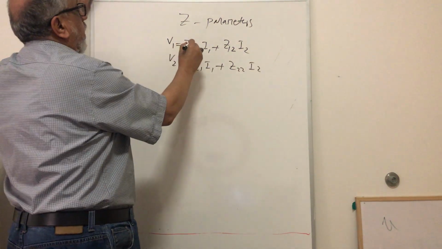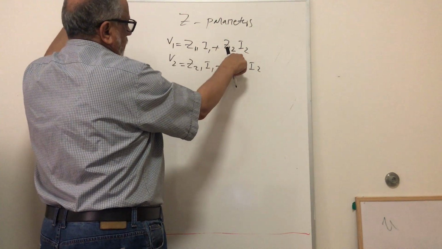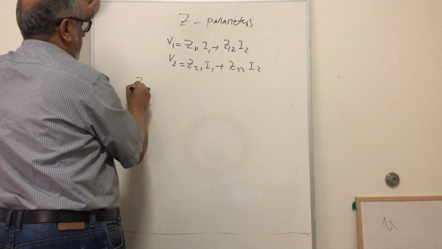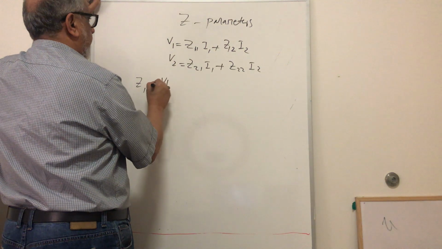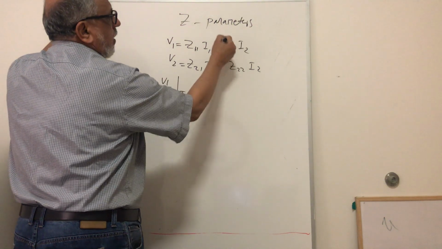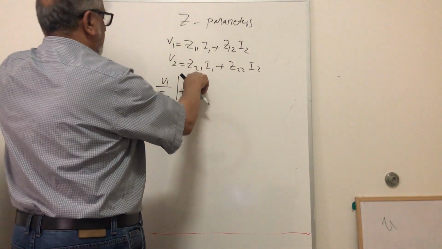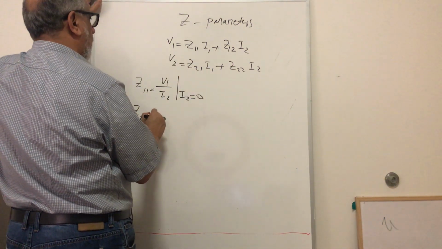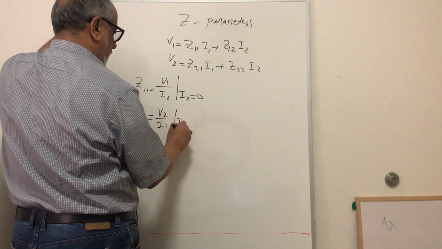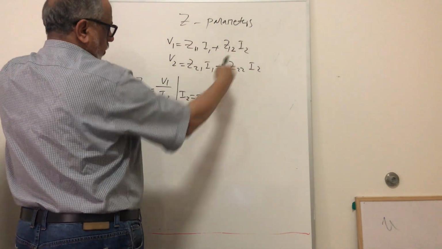Again, V1 depends on I1 and I2, and V2 depends on I1 and I2. Now what is Z11? Z11 equals V1 over I1 when I2 equals 0, meaning I have to set I2 to 0, and that will give me Z11. Z21 is equal to V2 over I1 when I2 equals 0. You have these two because they depend on I1, so I2 equals 0.